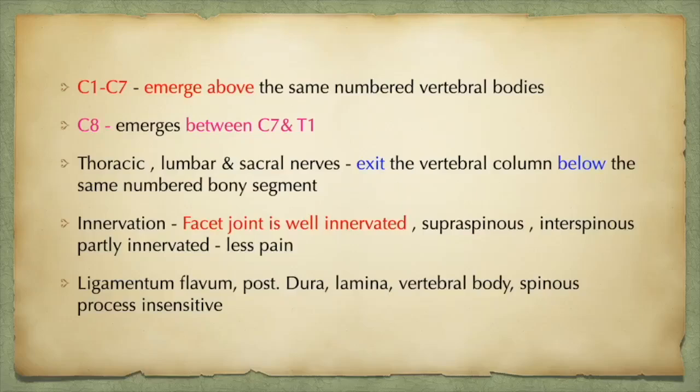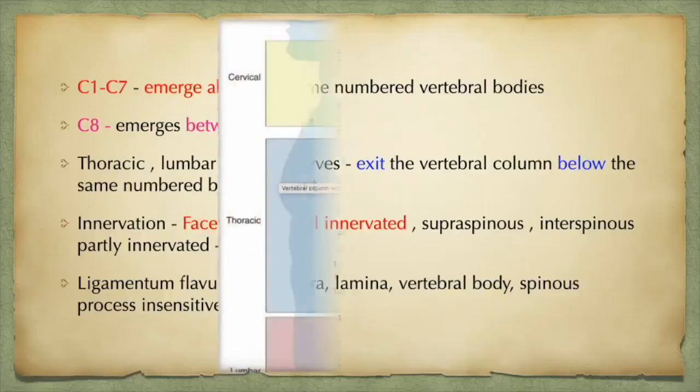Regarding the innervation of the structures around the vertebral column, the facet joint is well innervated. Therefore, any problems with the facet joints will lead to low backache, rather than what we usually think of, the disc herniation. The supraspinous and interspinous ligaments are partially innervated and they produce less pain, whereas the ligamentum flavum, the posterior lamina, vertebral body and spinous process are relatively pain insensitive.